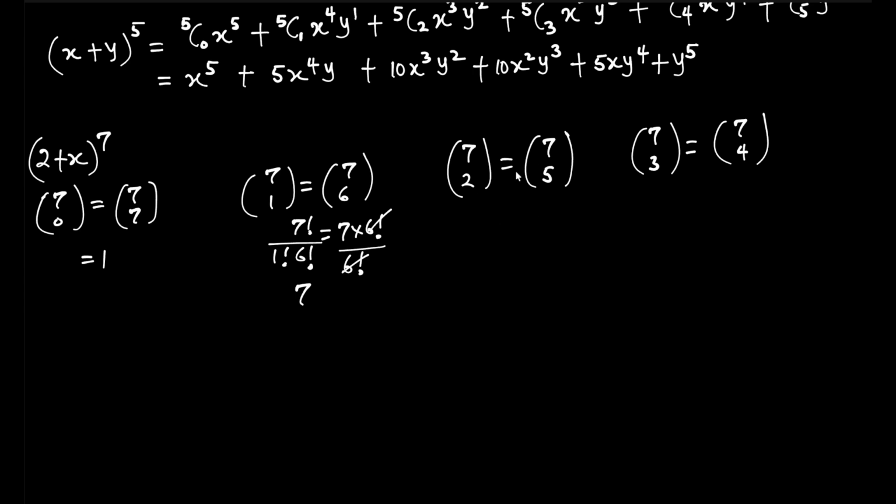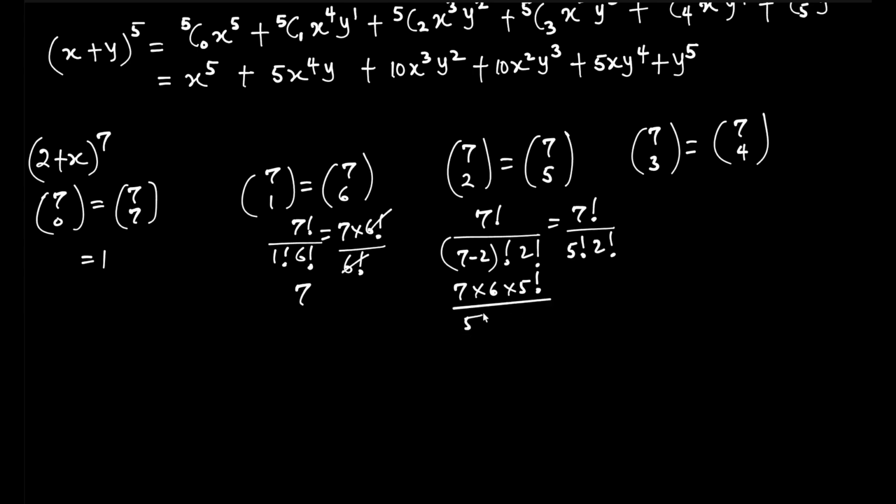Now the same goes with this, all right? Let me pick the smaller number this time. 7 factorial over 7 minus 2 factorial, 2 factorial, and that is 7 factorial over 5 factorial, 2 factorial. When you solve this, you have 7 times 6 times 5 factorial over 5 factorial, 2 factorial.